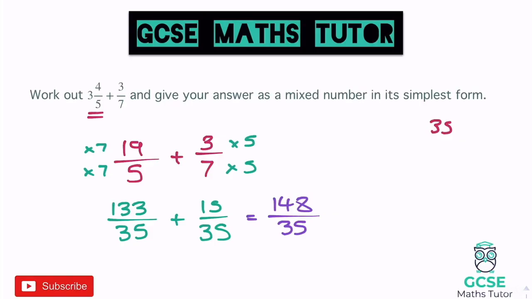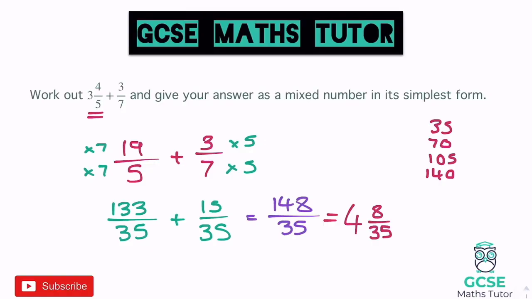So 35, add another 35 is 70, add another 35 is 105, add another 35 is 140, and then it's not going to go beyond 140 because our number there is only 148. So we know that 35 goes in 4 times, so that's going to be a big 4. And what's left over from 140 to 148 is an additional 8 35ths. There we go, so 4 and 8 35ths left over.